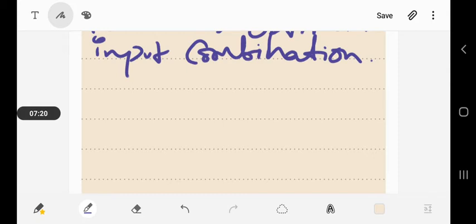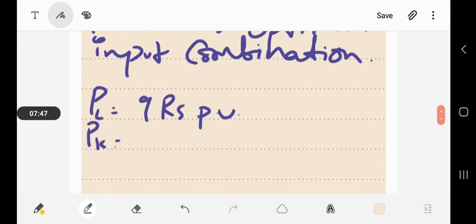Now let us deal with this using a small example. Let the price of labor be 9 rupees per unit, and the price of capital, that is PK, be 6 rupees per unit.